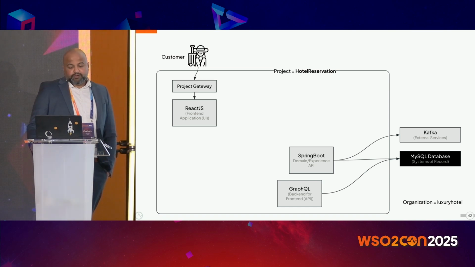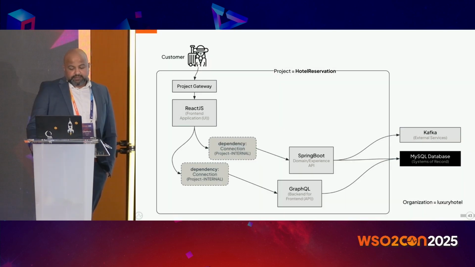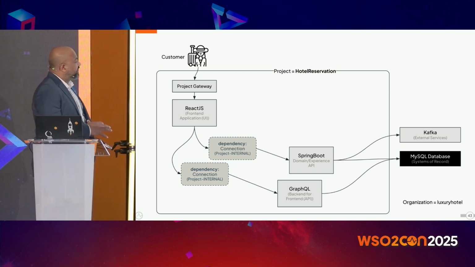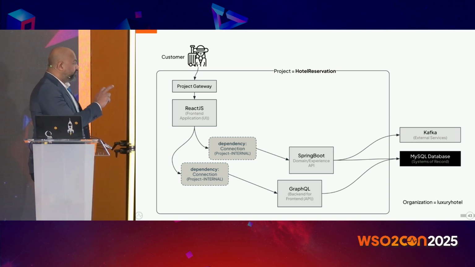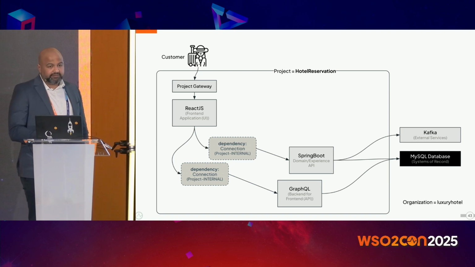After that, we will be slowly adding other components to this as well. I will discuss these dependency connections. For the time being, just remember, this is a way of communicating to these backend services behind the React.js application. But I will be going through the details during the demonstration about this dependency concept.